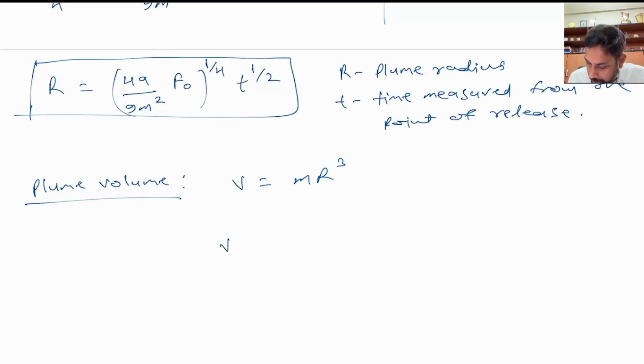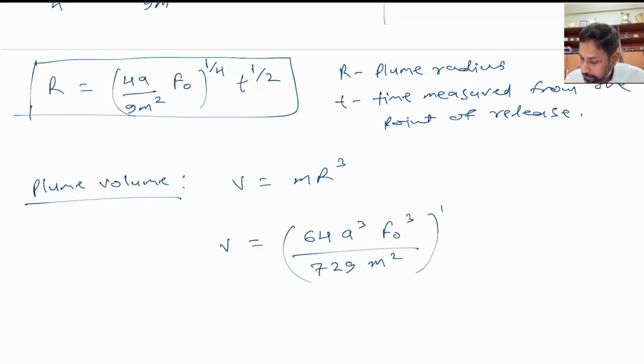So if we use this formula for radius from here, that will give us the volume formula as 64 a cube f naught cube over 729 m square, to the power 1 over 4, times t to the power 3 by 2.